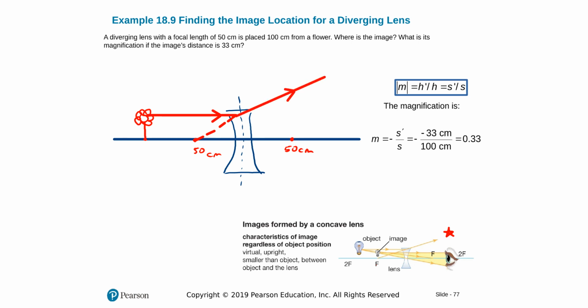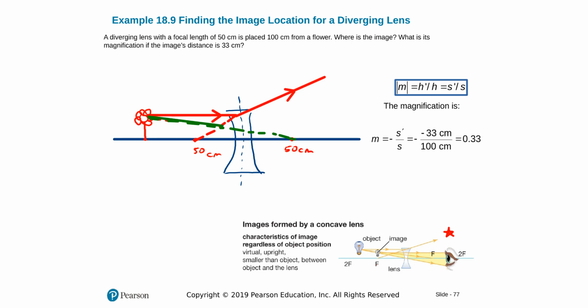I didn't do a perfect job here, but it's looking alright so far. I can also send one whose extension is passing, let me use a different color here, from the focal point on the other side, and that will be refracted as parallel.